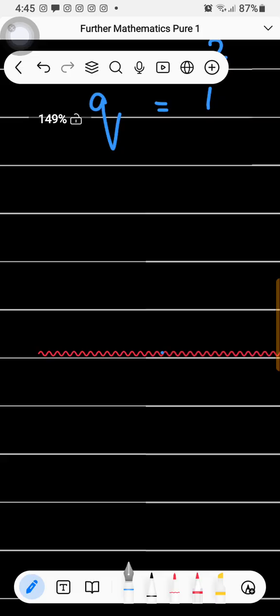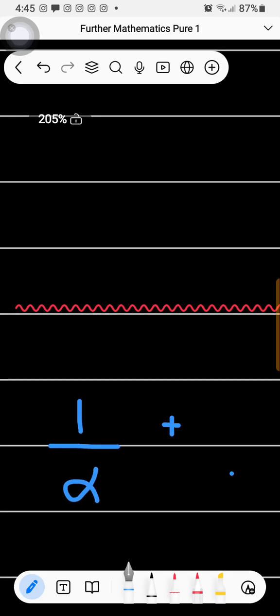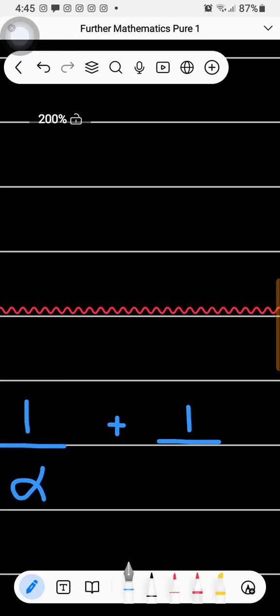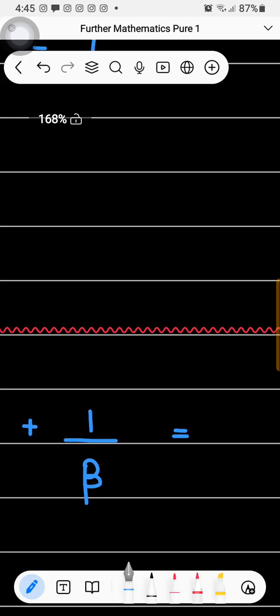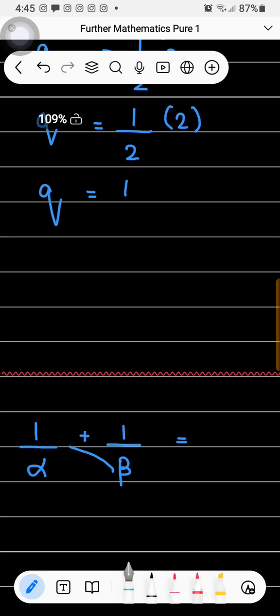So if the question asks for 1 upon alpha plus 1 upon beta, then what will we do? Basically, we will multiply this to this and this to this. Let me show how.